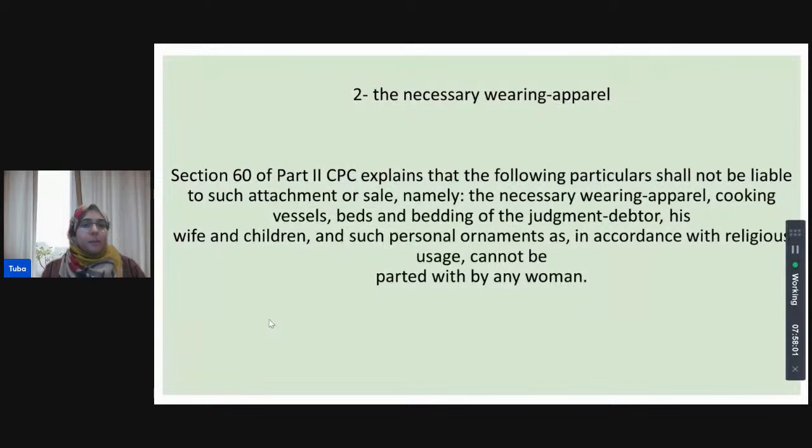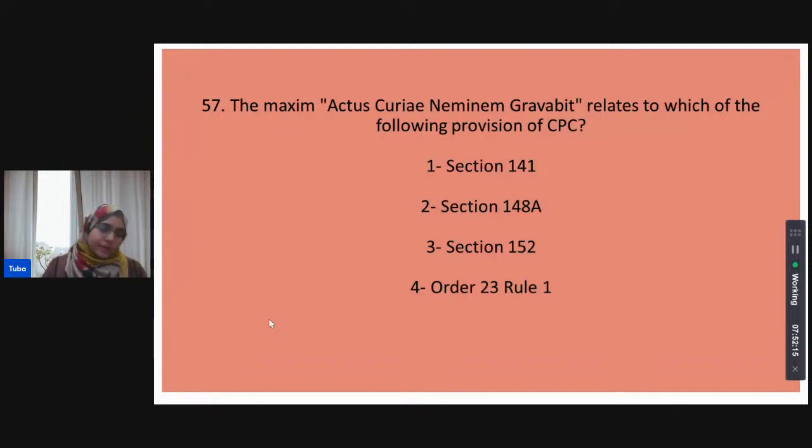Section 60 in CPC explains this and says that necessary wearing apparel, cooking vessels, beds, bedding of the judgment debtor, the wife and children, these belongings of the wife and children, personal ornaments which are of religious usage, they cannot be parted with. So they won't be attachable.